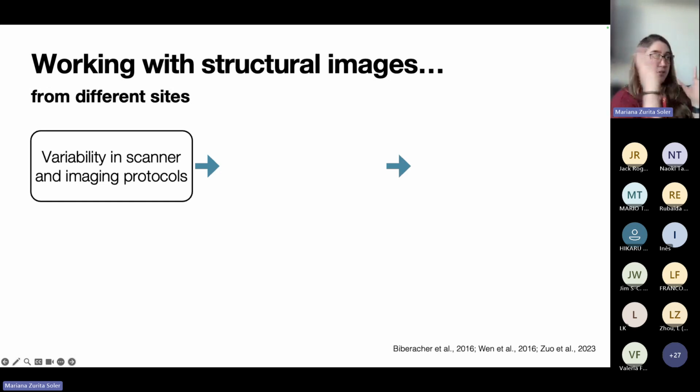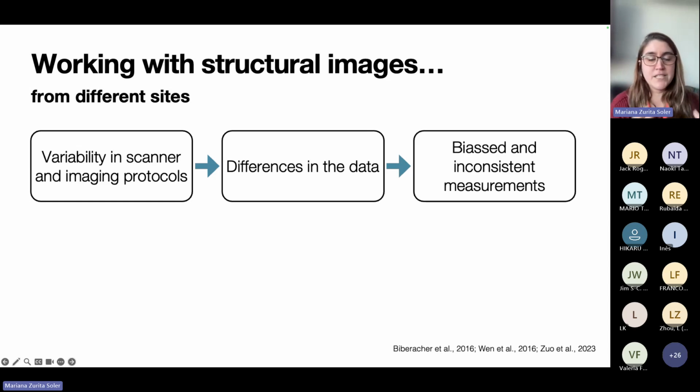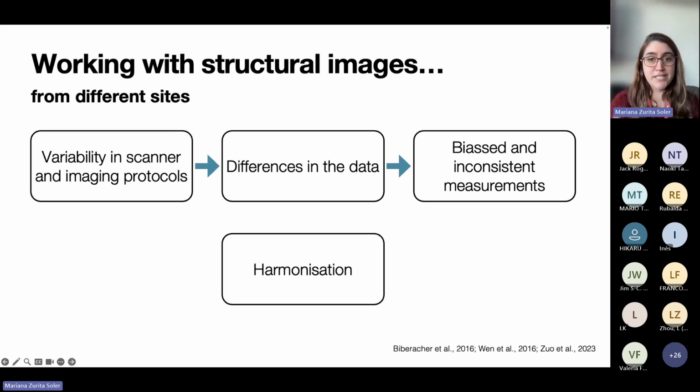You have different manufacturers, different imaging acquisition parameters, different fields of view, a lot of different parameters and effects that are going to change and produce differences in the data. But these differences might lead to biased and inconsistent measurements, which is why we want to do some harmonization in our data to be able to analyze it properly.